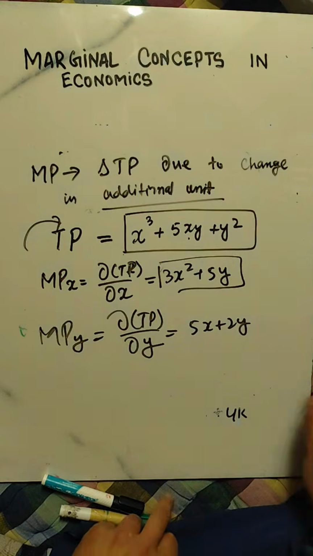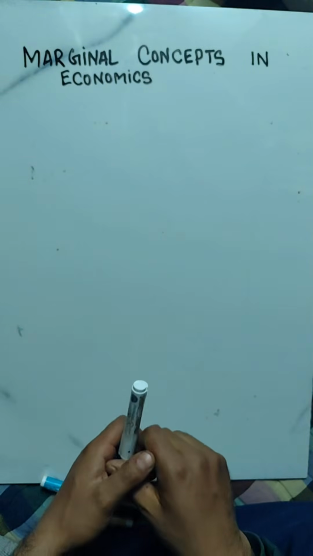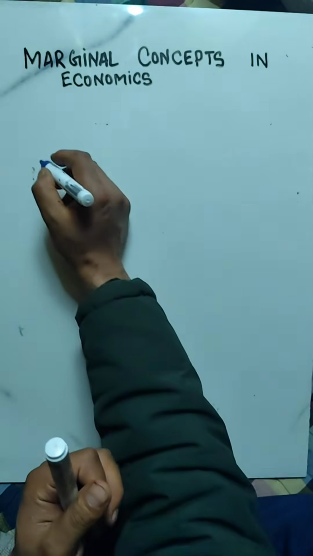Then we have the total cost, rather marginal cost and total cost. So let's take the marginal cost.